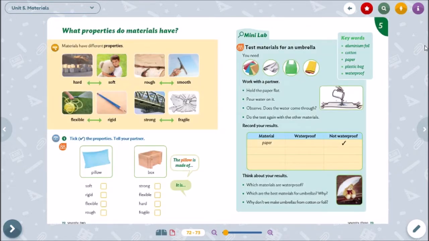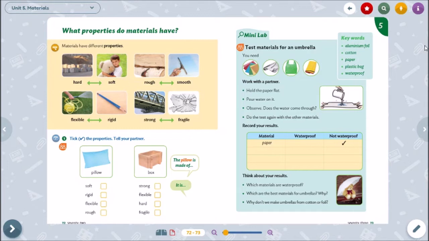And these materials have different properties. Properties are how we can describe them. We can describe it as hard or soft. If you think of a rock, it's going to be very hard, while cotton, like a t-shirt or a teddy bear, is going to be very soft. We also have things like rough and smooth.